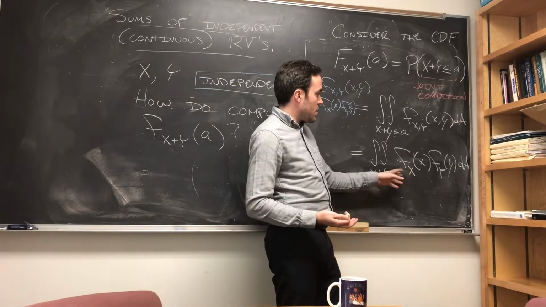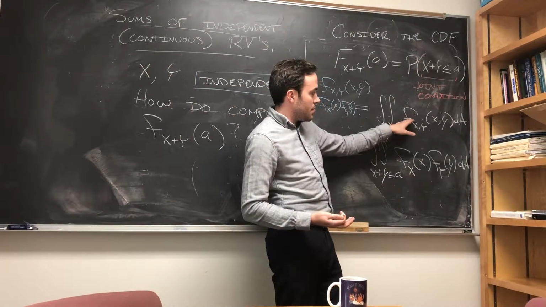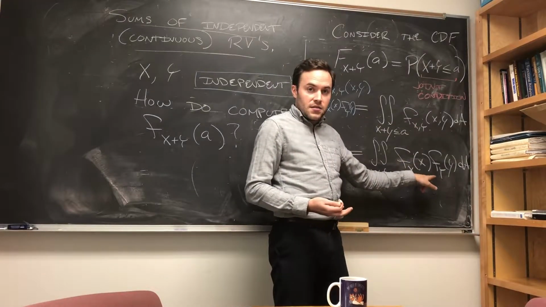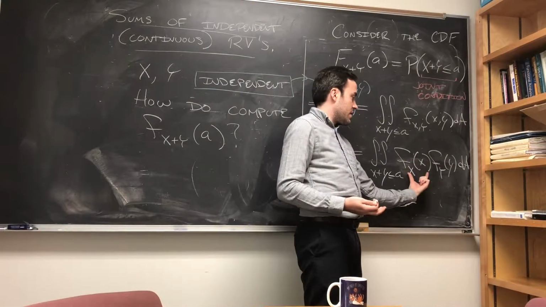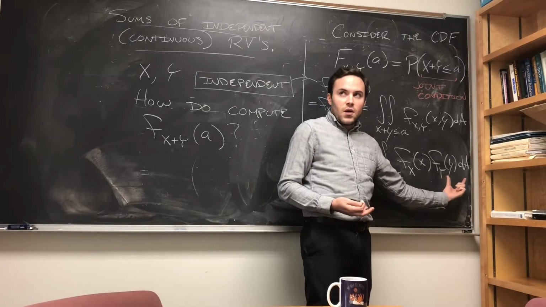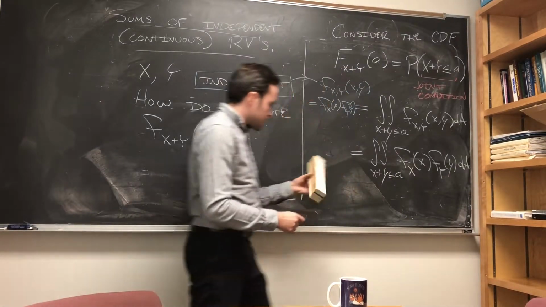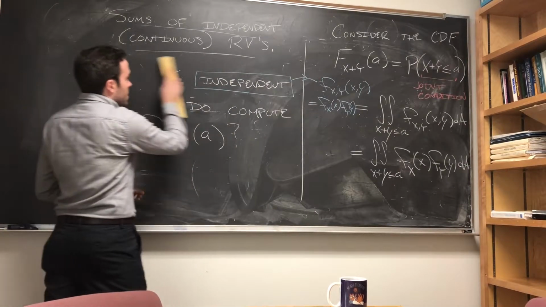And so knowing the fact that this joint PDF can be factored by independence into a product just of something involving x times just something involving y, this is going to enable us to say some really nice things about the integral.